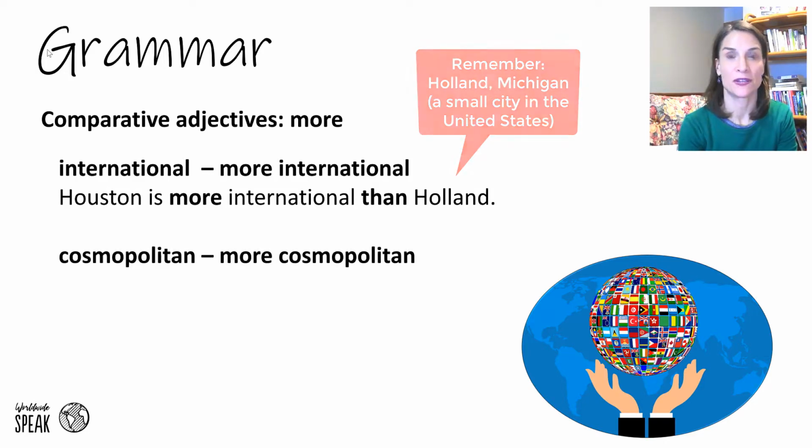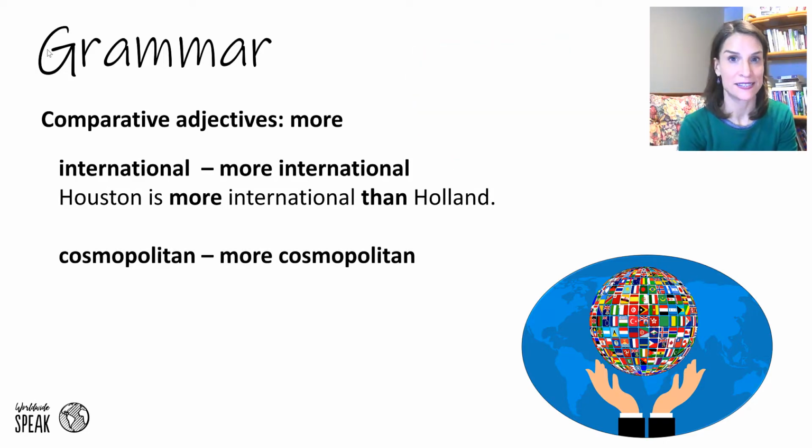Here's another adjective which is very long, cosmopolitan. This is another adjective similar to international, which means that there are people from many different places here. And so again, I'm not going to change the word cosmopolitan, this long adjective, but to make the comparison, I'm going to add the word more right in front of it.